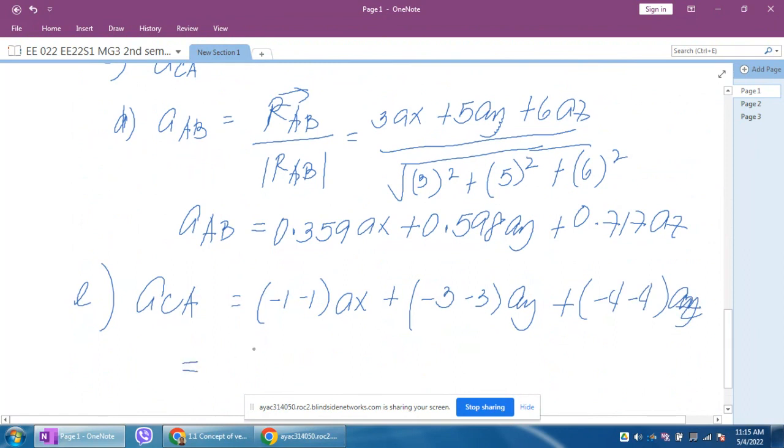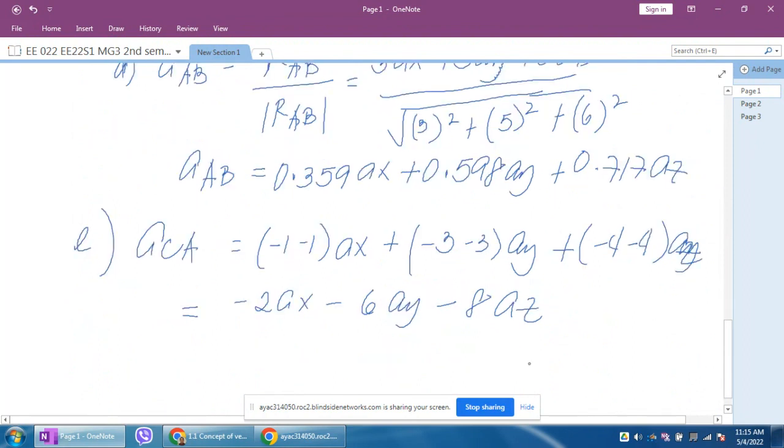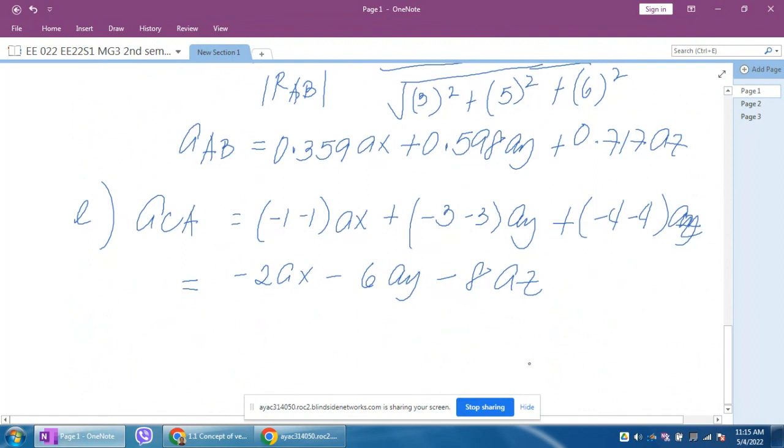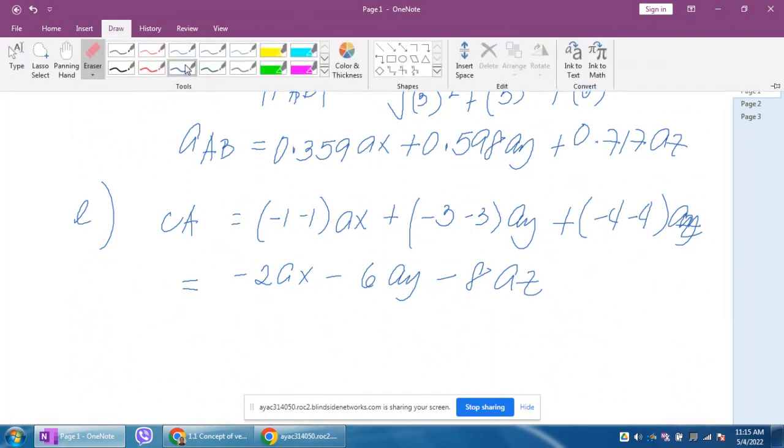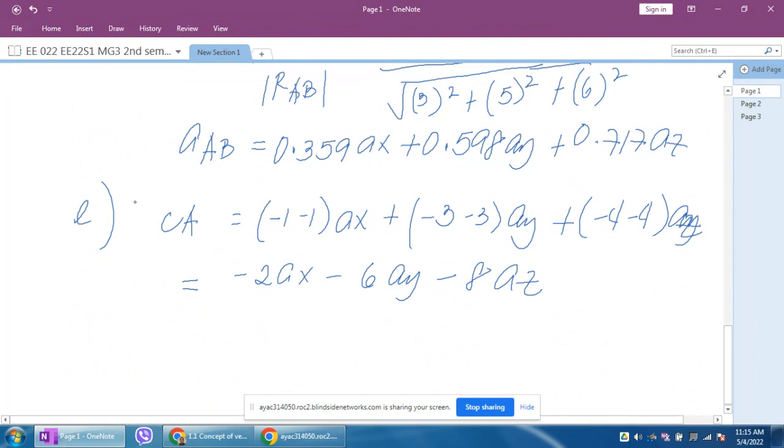So simplifying, we have here -2 AX minus 6 AY minus 8 AZ. So since we're looking for a unit vector, teka, hindi pa pala ito unit vector. So this is simply vector A, vector C, RCA pa lang. Correction, vector RCA. Yun pa lang yung nakuha ko.